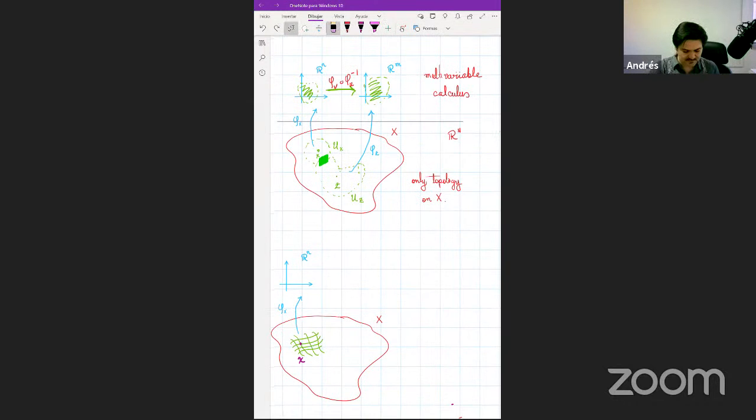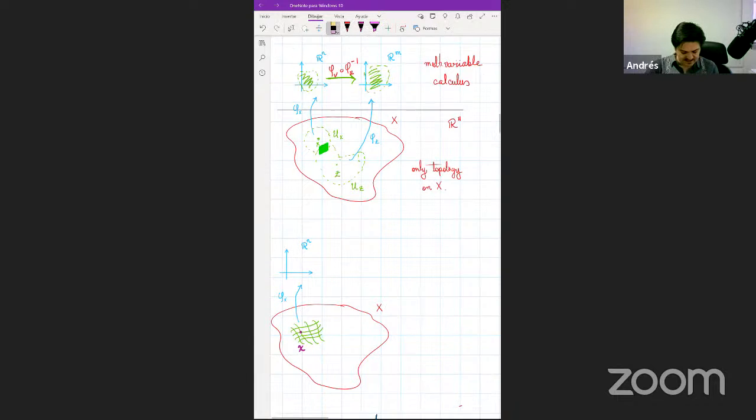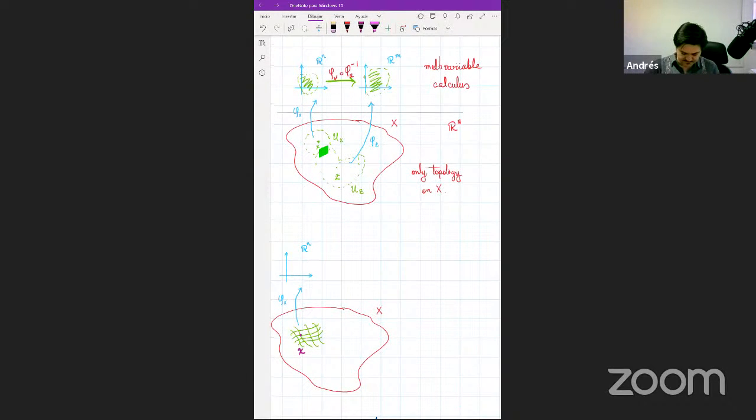Oh, also, something that I forgot to mention, and this is very useful. So on every point, I have a neighborhood and a homeomorphism, right?